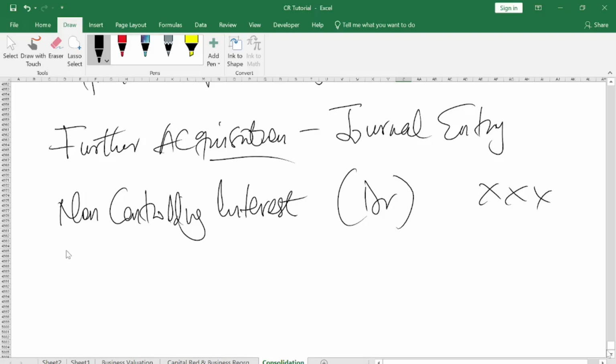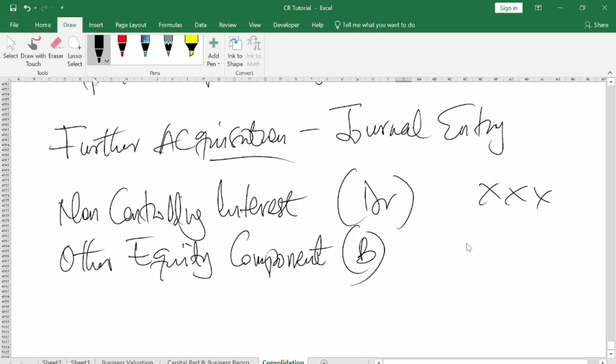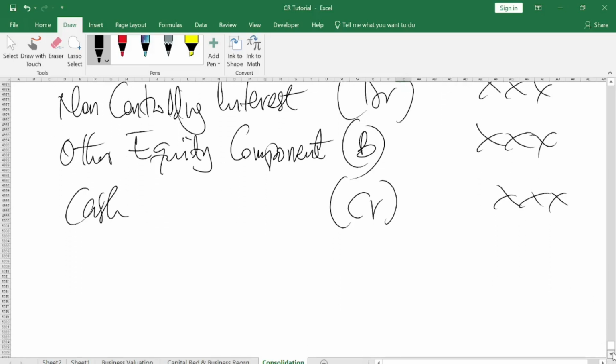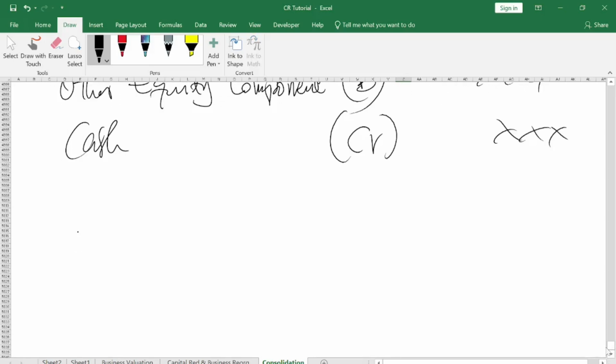Then you credit other equity component, the difference here. Then here is your cash. So that is what you credit. So that gives you this. So this is the journal entry when you are doing further acquisition. So you pay attention here.